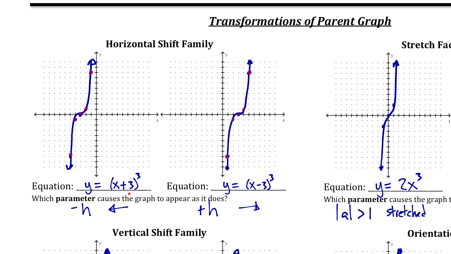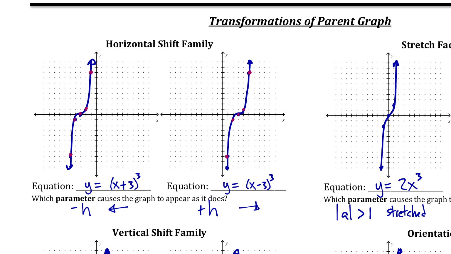And so that's where our h value comes in. So which parameter causes the graph to appear as it does? Well, it's that negative h value that's going to make it shift to the left. And if it's a positive h value, like if it's a positive 3, then it's going to shift to the right. All right, so that's why this one's shifted to the right.